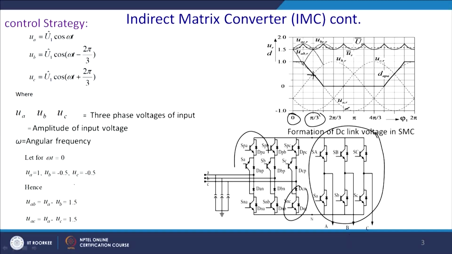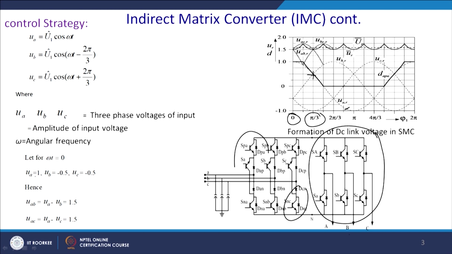UA, UB, UC are the 3 phase input voltages with amplitude and angular frequency omega, and omega t equal to 0. It is a balanced 3 phase system, so the summation of these 3 instantaneous voltages gives 0.